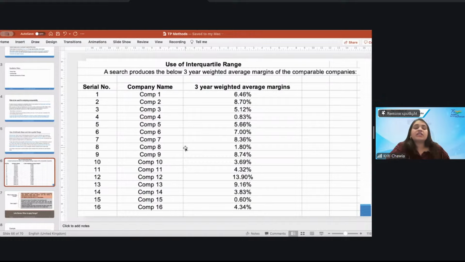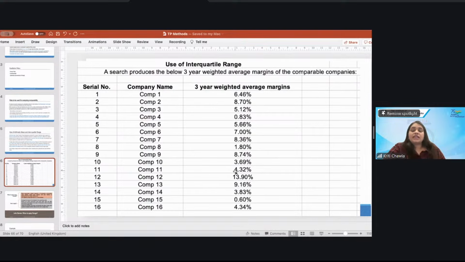Well, if you look at arithmetic mean, I somehow feel that it was not the right thing, because if you've gotten an arithmetic mean of 8%, 8% is not really representing a company which has earned 0.83% of profit. It's not really representing a company which has earned 1.80% of profit. It's not representing them very, very correctly or very, very closely.